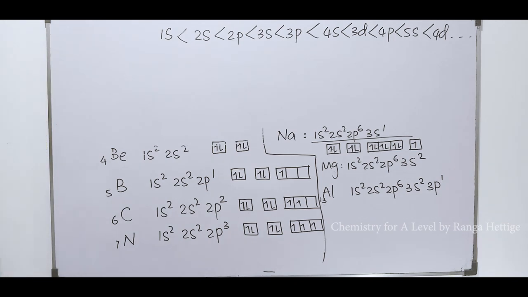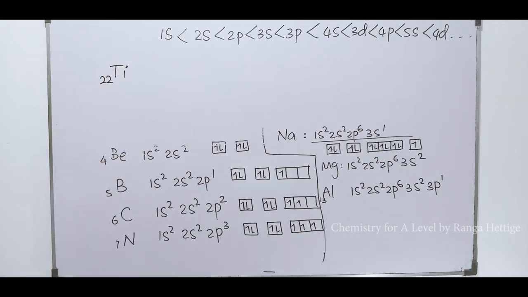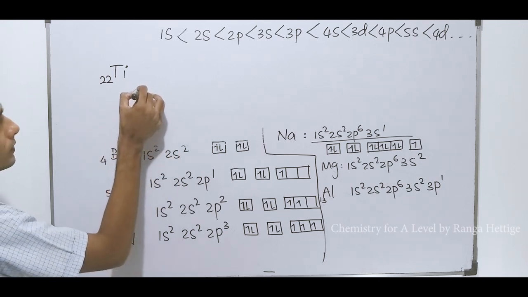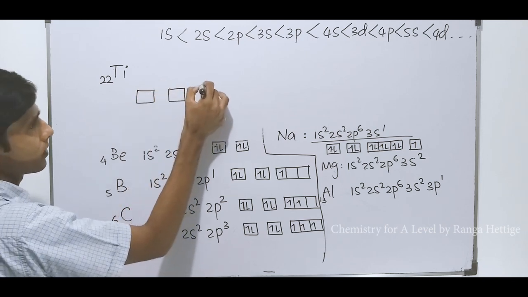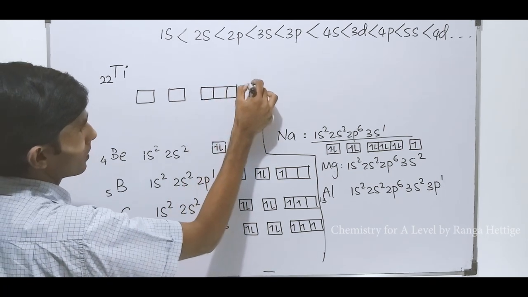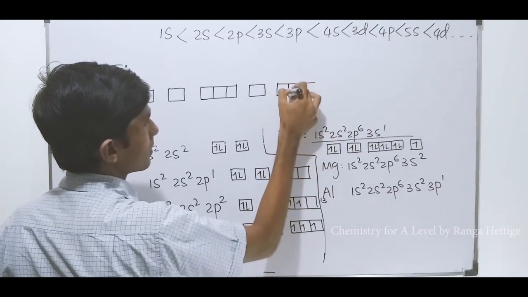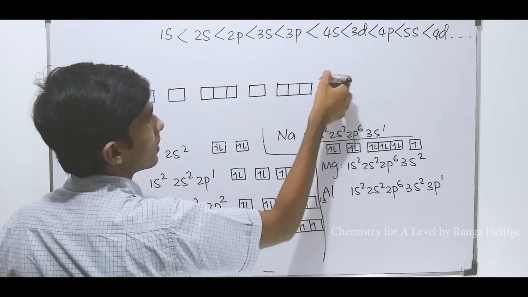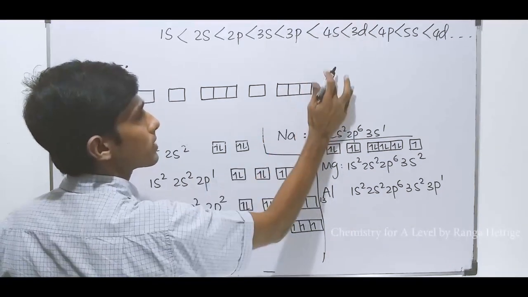We'll write the electron configuration of an element, say titanium, atomic number 22. First, I will draw the orbitals. 1s, then 2s, 2p, 1, 2, 3, 3s, 3p. 3d is there, but before that 4s is filled.